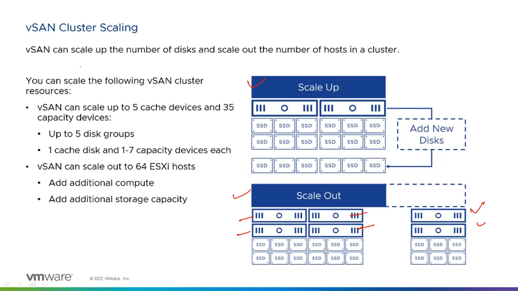From a scale up perspective, how much can we go maximum? We have discussed it many times already: 5 disk groups, 1 cache and 1 to 7 capacity drives each. And from a scale out perspective, it supports the maximum limit of vSphere, that is 64 hosts.